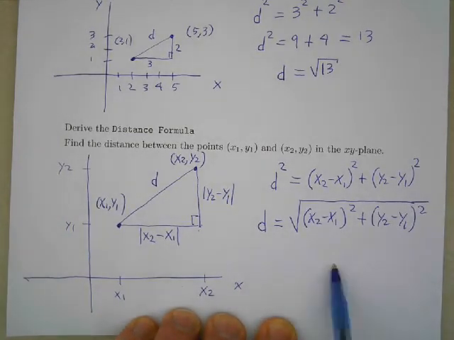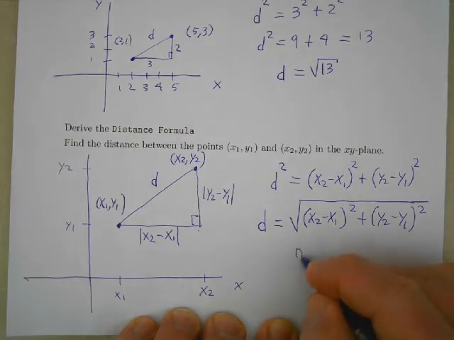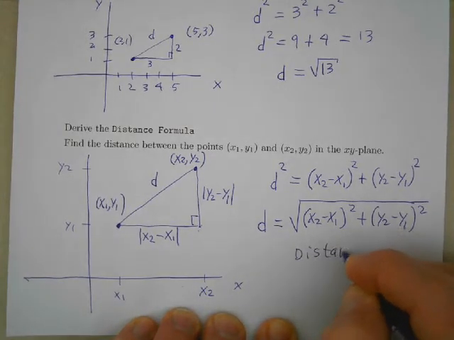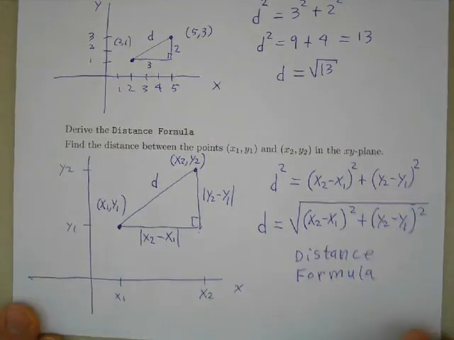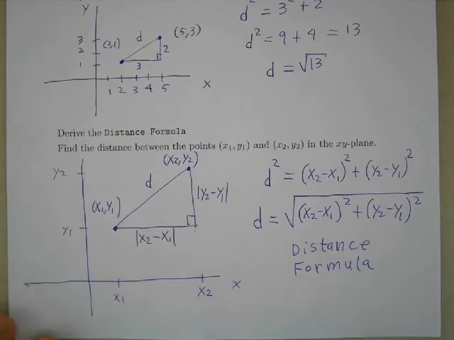And this is called the distance formula. So we succeeded in deriving the distance formula by using the Pythagorean theorem. Okay, now we'll apply the distance formula to find the distance between pairs of points.